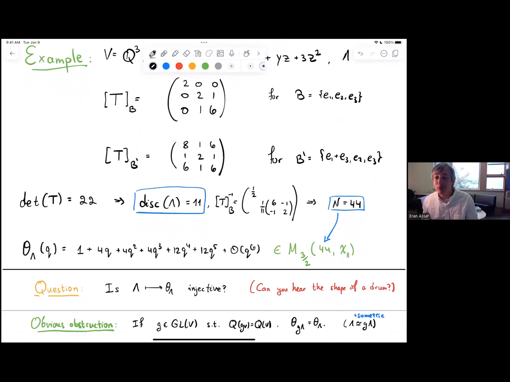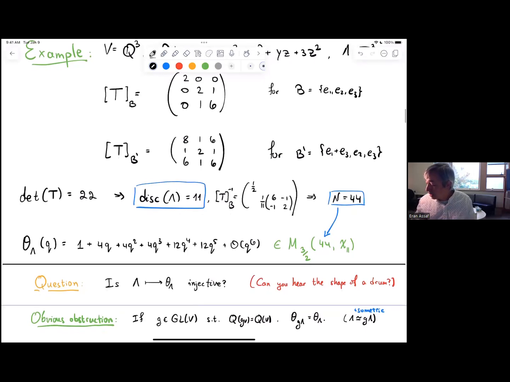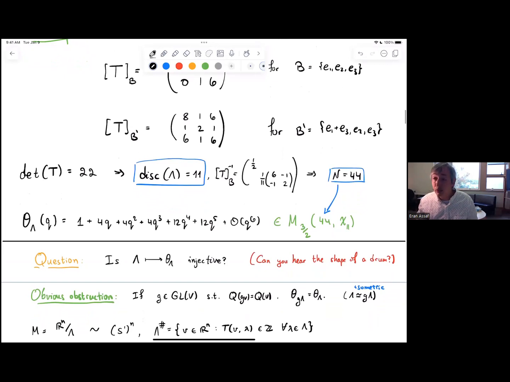All the representation numbers will be the same, the generating series will be the same. We call such lattices that are mapped to one another by such a linear transformation isometric, and these linear transformations are called isometries. But okay, we can refine this question and ask, if the theta series are the same, are the lattices isometric?